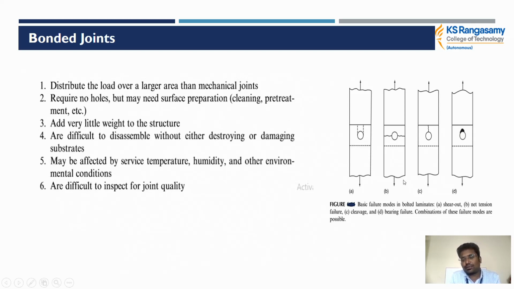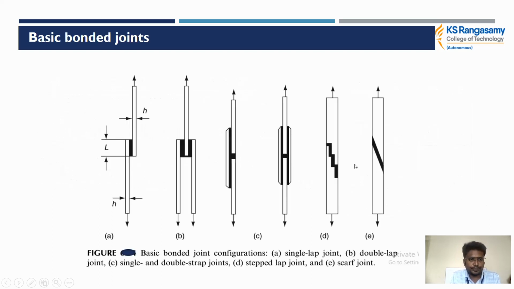You can see in the images the first is shear-out and the second is net tension failure, then cleavage and bearing failure. A combination of these failure modes is possible. This is the basic variation of bonded joints. First is the single lap joint.